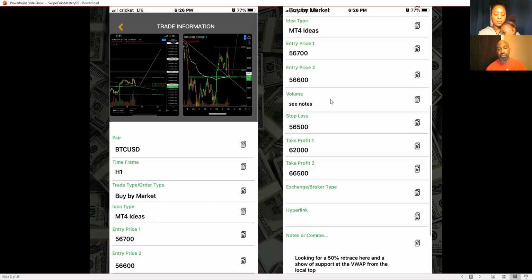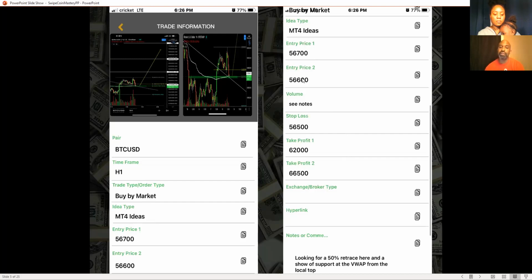It will give you your entry price. It will give you two options, because here again, cryptocurrency is very volatile, so it might have a range of price points that it meets within the criteria of the trade idea before it actually goes into the direction of the signal that the trade idea called.